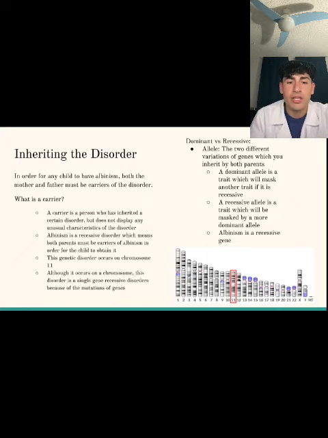And there's two types of alleles. Alleles are different variations of genes which are inherited from both parents. And the two types are dominant and recessive. Dominant is when a trait will mask over another, like dark hair or dark eye color. And recessive alleles are when a trait is masked by a more dominant allele, like blue eyes being dominated by brown eyes. And albinism is a recessive gene.